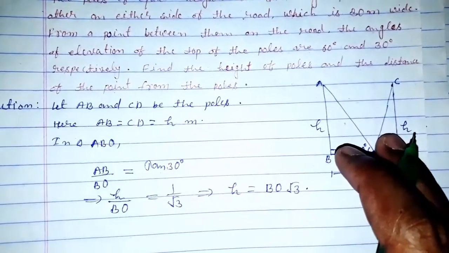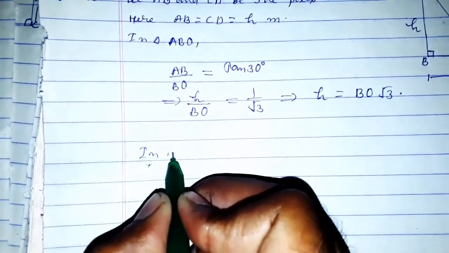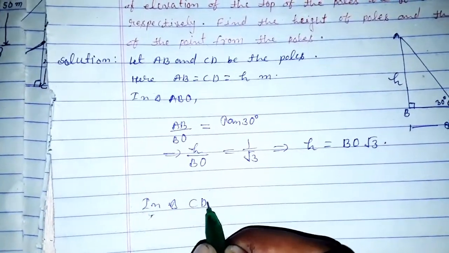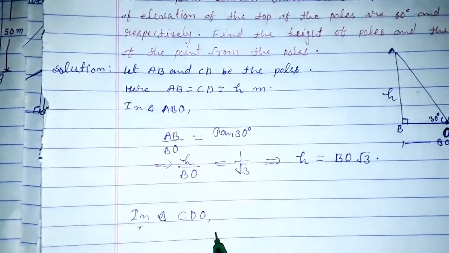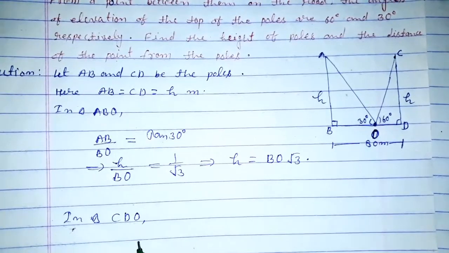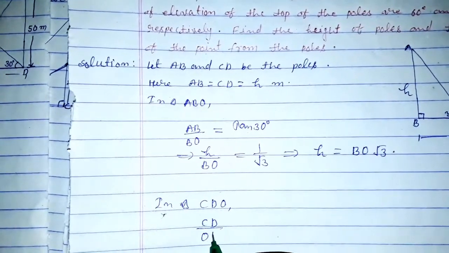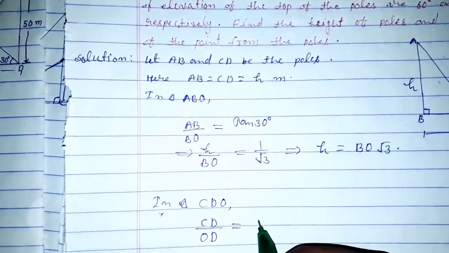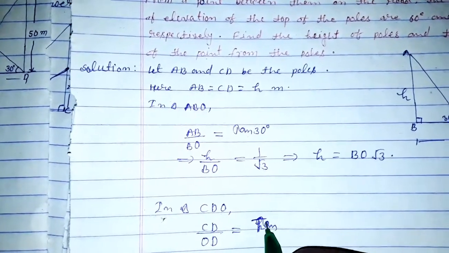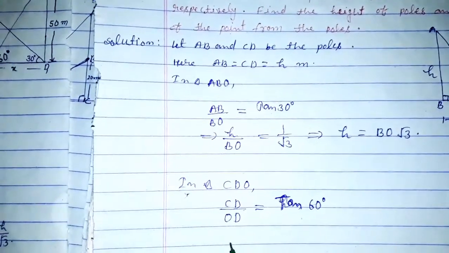Next, in triangle CDO, take the ratio CD upon OD, which is equal to tan 60 degree.